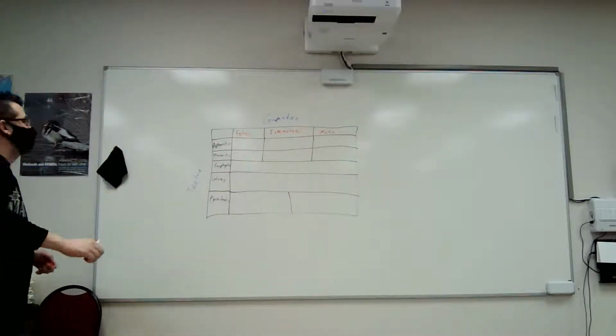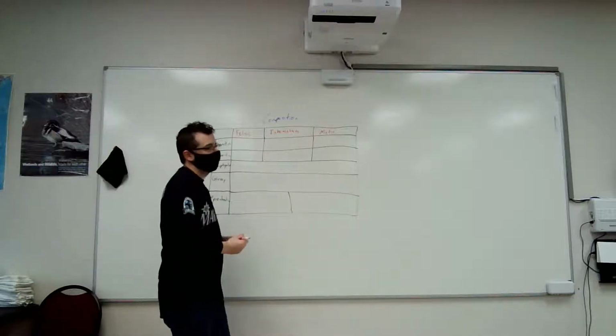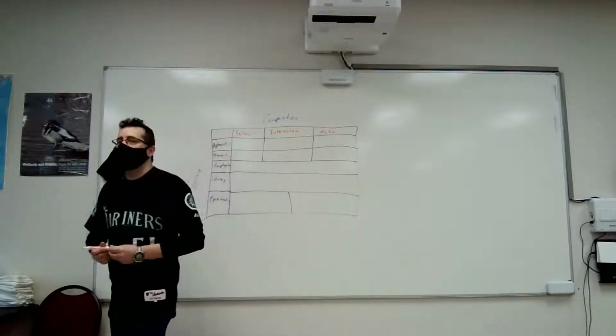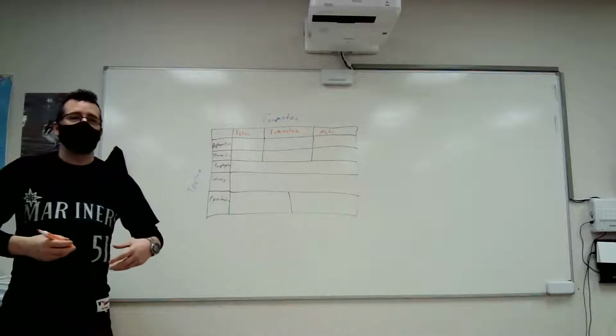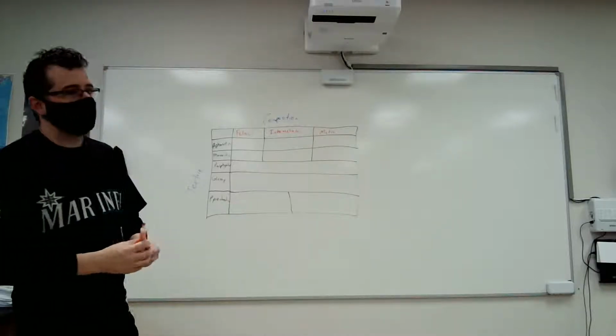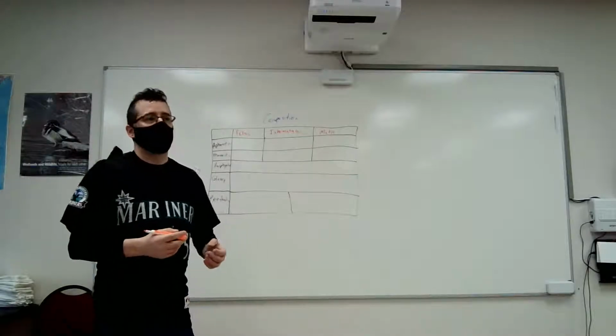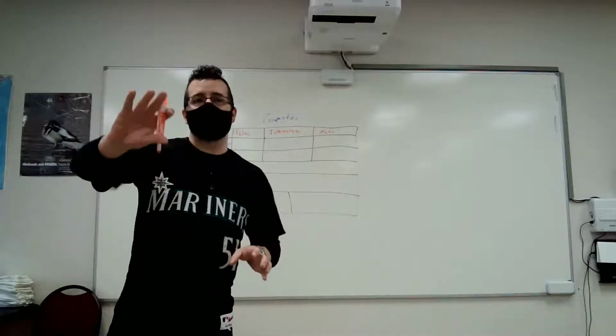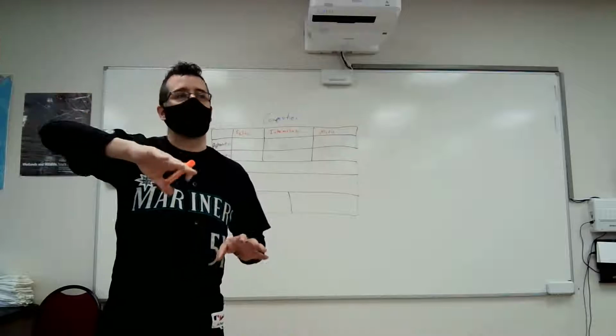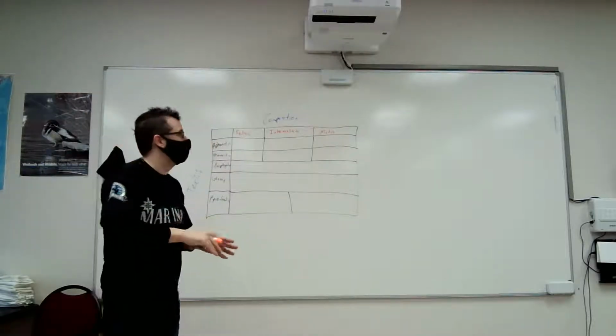A felsic aphanitic rock means, and I know you could just tell me what the rock is, but let's break this down. What is its coloration? When something is felsic, how can a rock tell you that it's felsic?